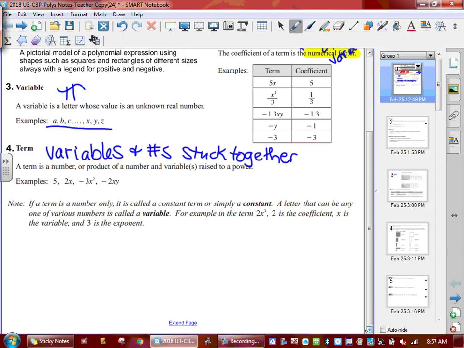This first one doesn't have any variables at all. So we're actually going to call him a constant term. So that's what we call a constant. The constant, I call him constantly lonely. He's lonely because he's all by himself. He doesn't have a variable. Okay? So they are lonely. They have no variables. Then we've got the other terms that do have variables attached.